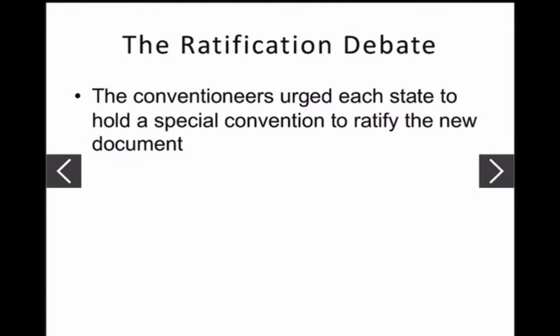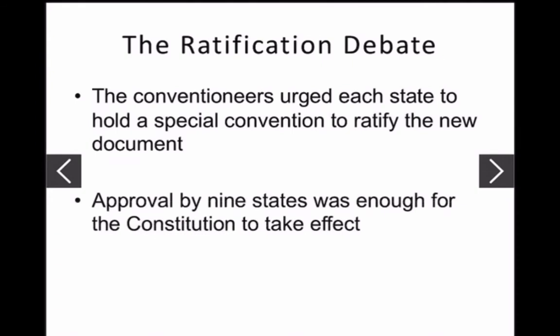And so the delegates that are at the convention are really trying to convince the states to hold a special convention to vote for this new document, right? They were really hoping that the states would approve it so that it can go into effect, because remember, the articles just didn't work. There's something fundamentally wrong with it.